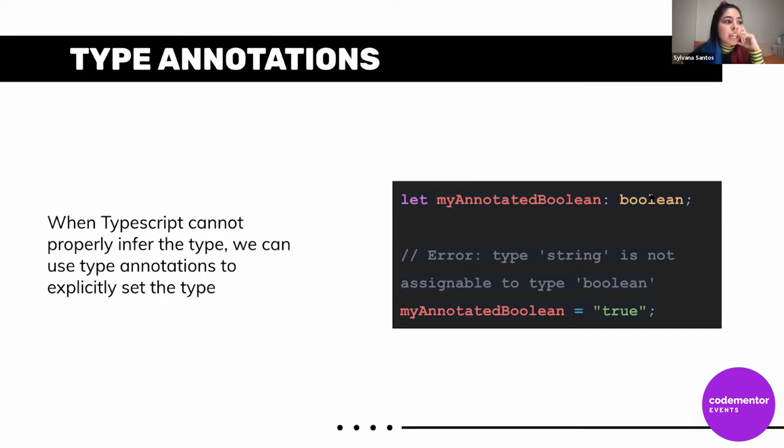But what I am doing is I'm using this colon to tell TypeScript, myAnnotatedBoolean has a type Boolean, right? So now if I were to go and try to set myAnnotatedBoolean to a string, it's going to yell at me. TypeScript is going to say, string is not the same as a Boolean. You told me this was a Boolean, and now you're trying to set it to a string.